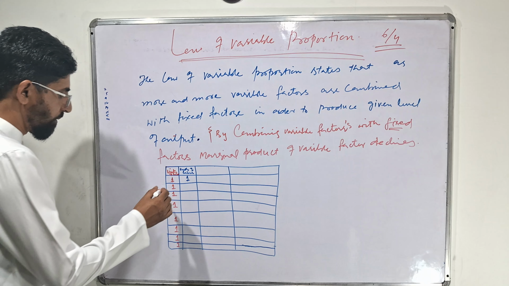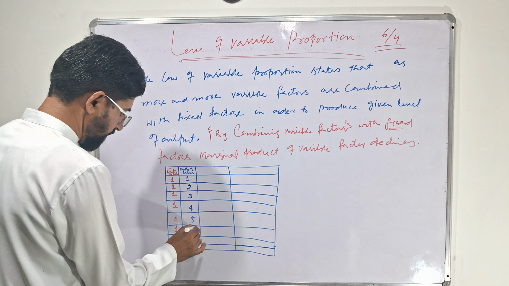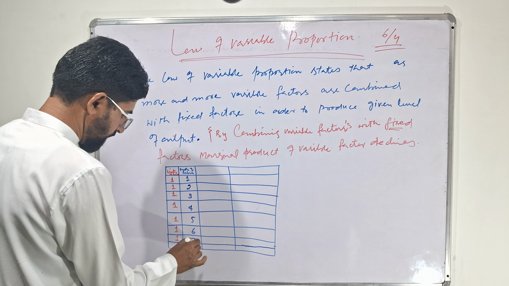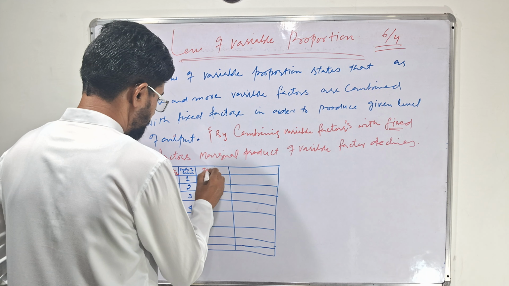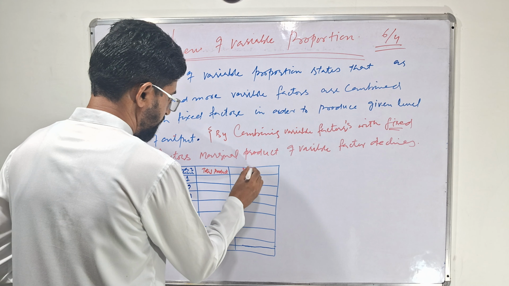Units of labor: 1, 2, 3, 4, 5, 6, 7, 8. Here I will write total product and marginal product, MP.